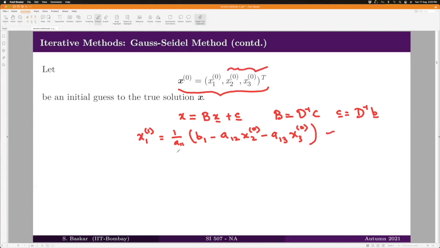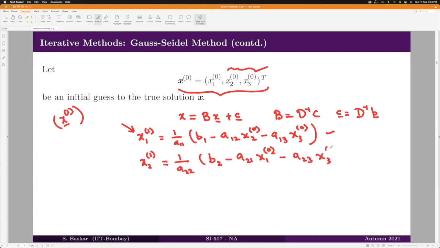And this formula gives you the first component of your vector x superscript 1. That was the idea coming from our Jacobi method. And how we computed the second component of the vector x1, that was using the formula 1 by a22 into b2 minus a21 x1 of 0 minus a23 x3 of 0, right?